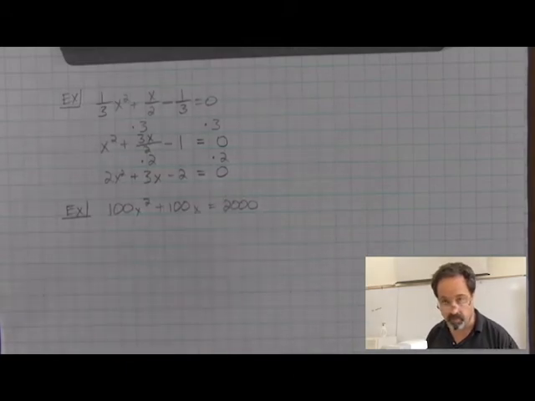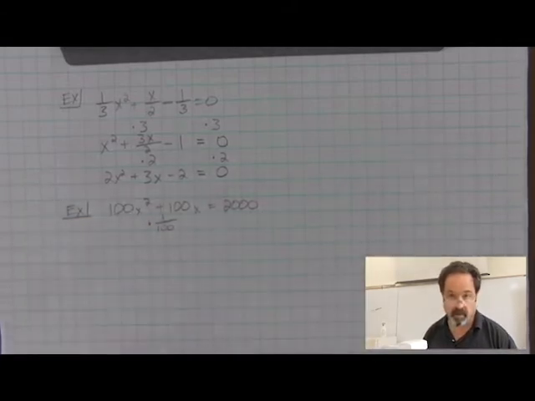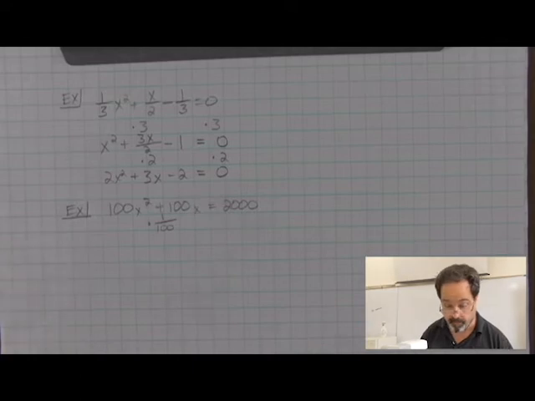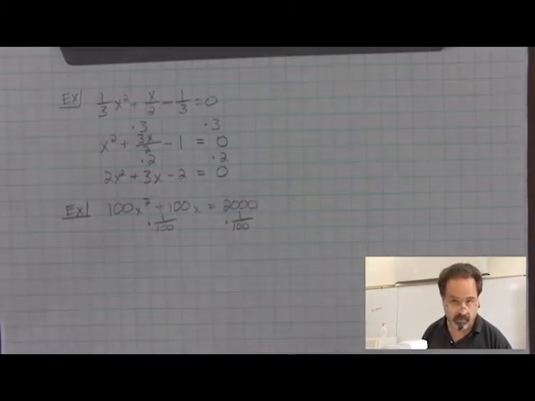So I'm going to multiply through by multiplying by 1/100th. I could think of that as division by 100, but we're calling it multiply through, so I'm thinking of dividing by 100 as multiplying by 1/100th.